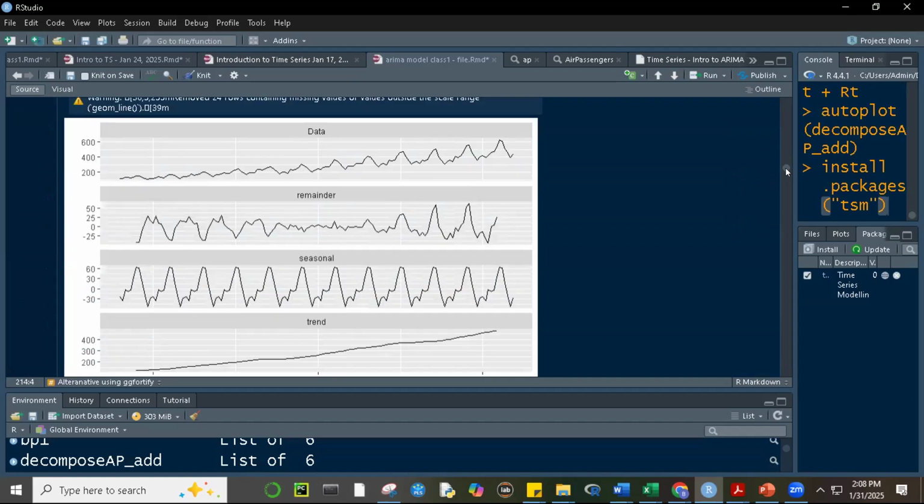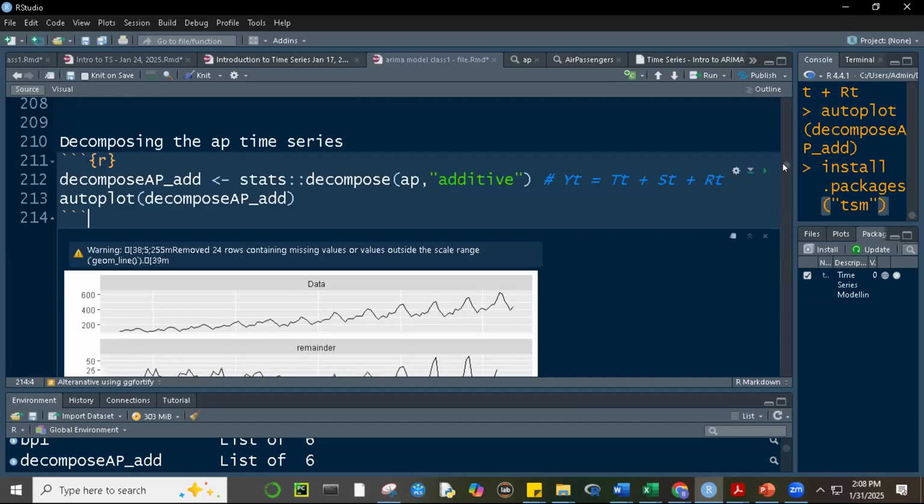So that's why it's called decompose. So this is your original data. And then you can see here this is the random component. This is the seasonal component, and this is the trend component. And you get your actual value by adding your trend plus seasonal plus your remainder or random. Okay, so this is the formula.